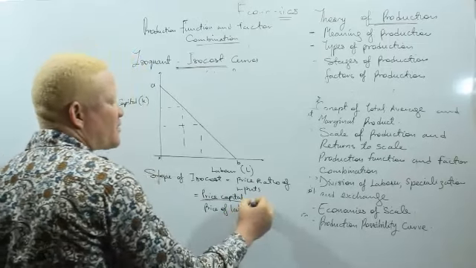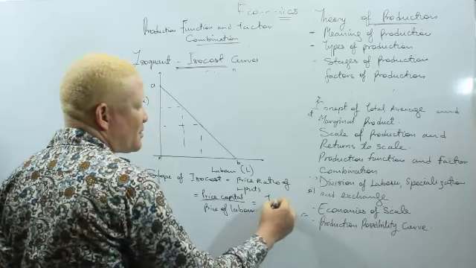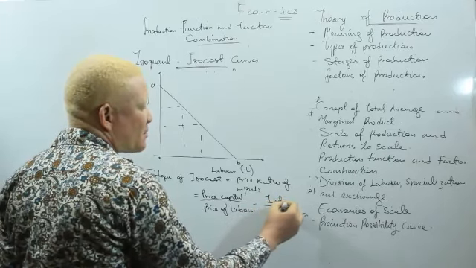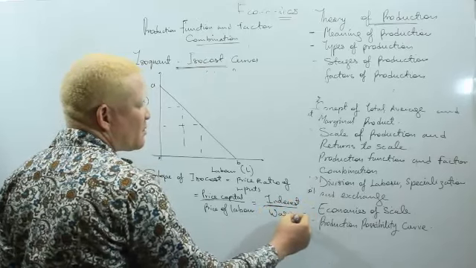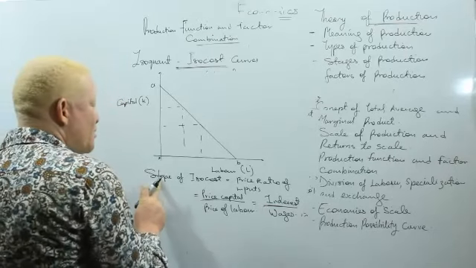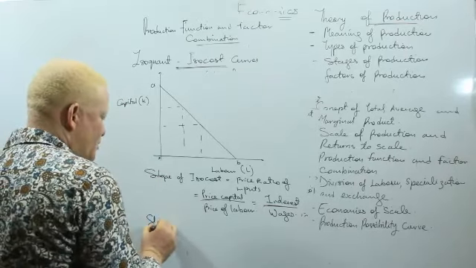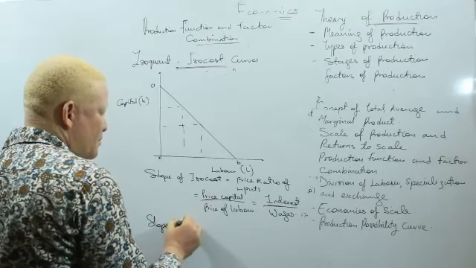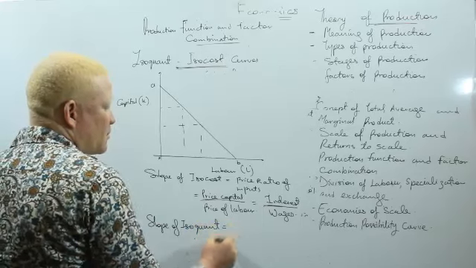Now, of course, the price of labor, we said, is interest, and the price of capital is wages. So interest over wages is the slope of this. But the slope of the isoquant, which is what?